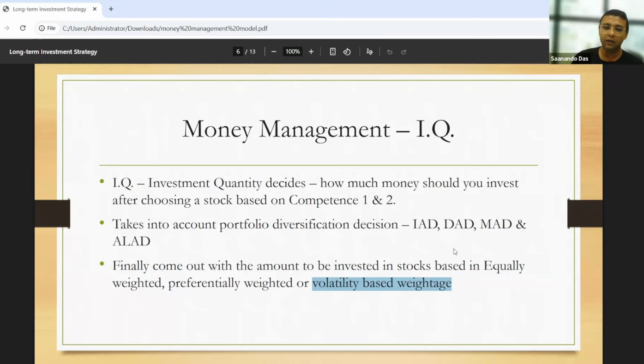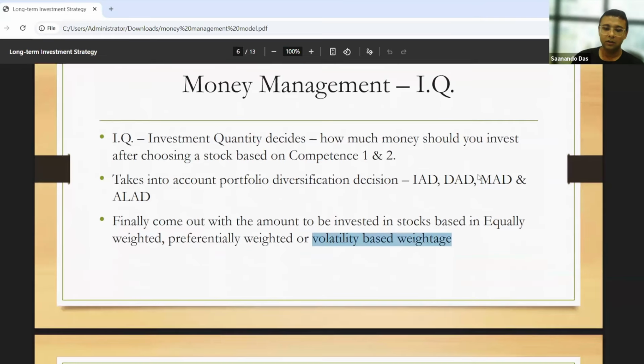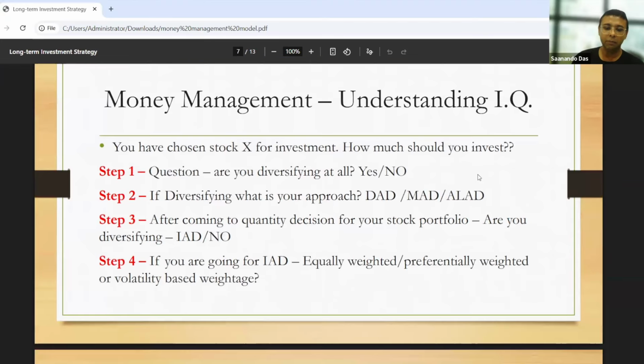So let us understand this. थोड़ा डिटेल में समझते हैं, step by step. Suppose you have chosen stock X for investment. How much should you invest? First question, are you diversifying at all? If the answer is yes, suppose you have chosen, like last Sunday's stock storm, DAD, dual asset diversification based on age factor, and your age is 40.